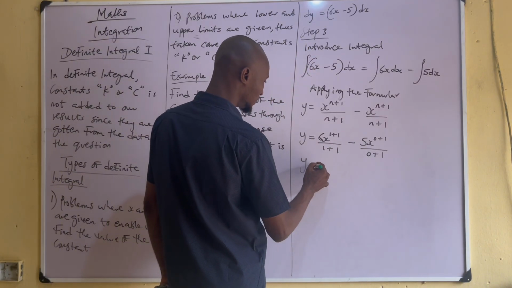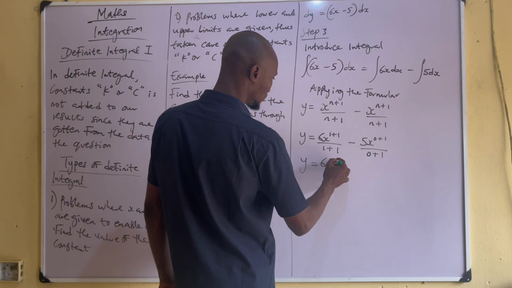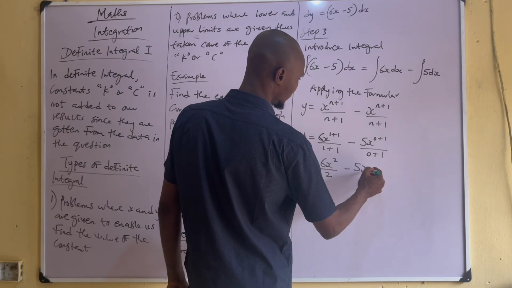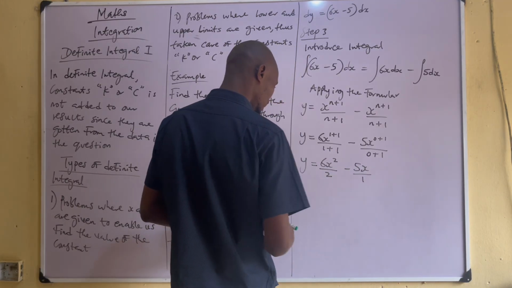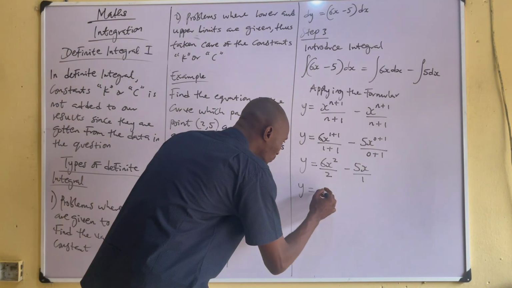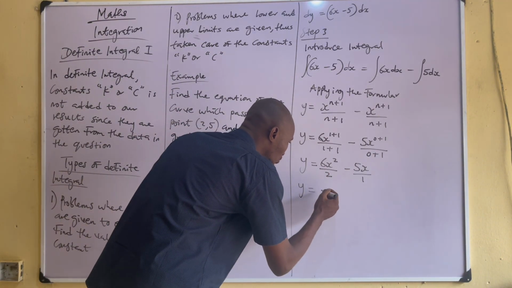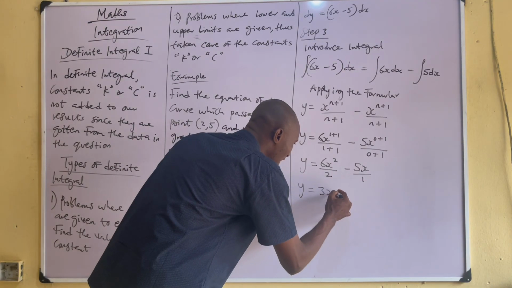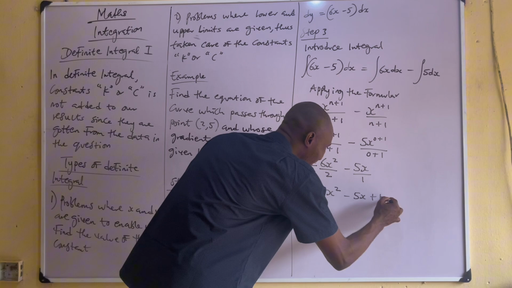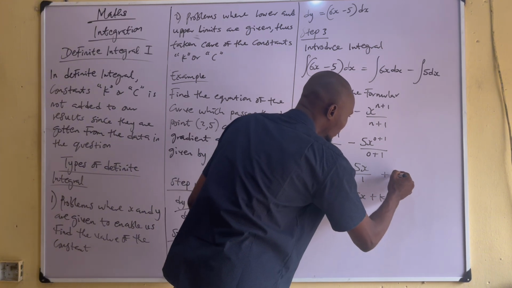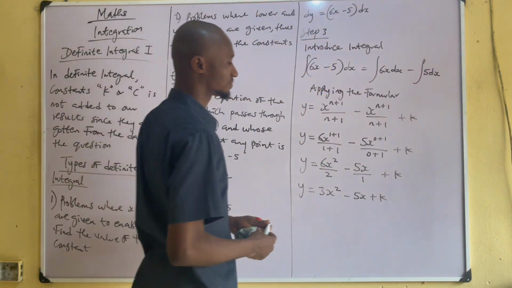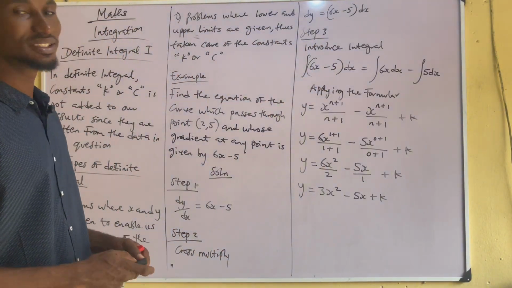So this is y is equal to 6x squared over 2 minus 5s over 1. Now, this 6 will be divided by 2, and you have y is equal to 3x squared minus 5x plus k, or c.